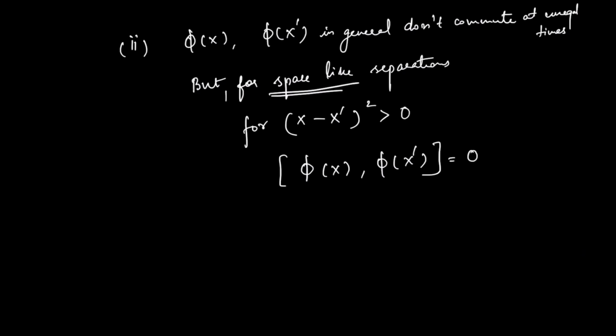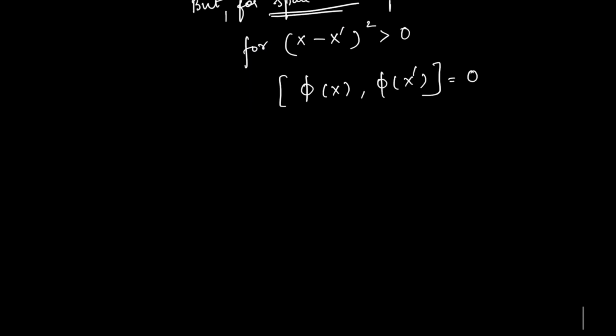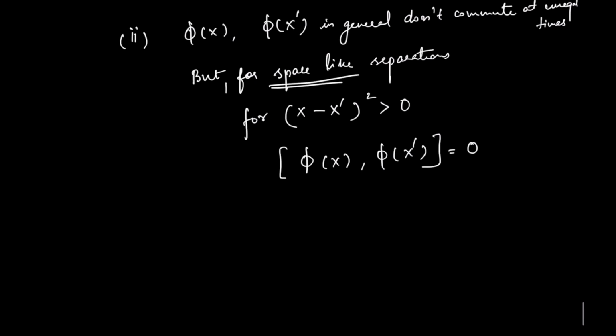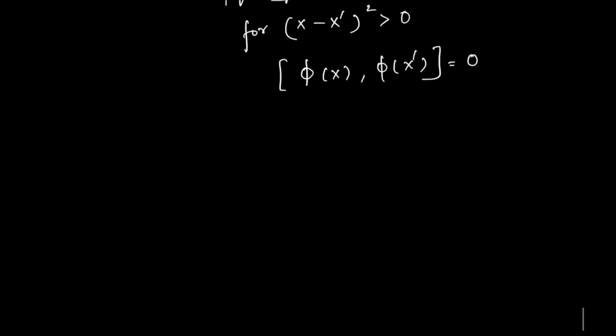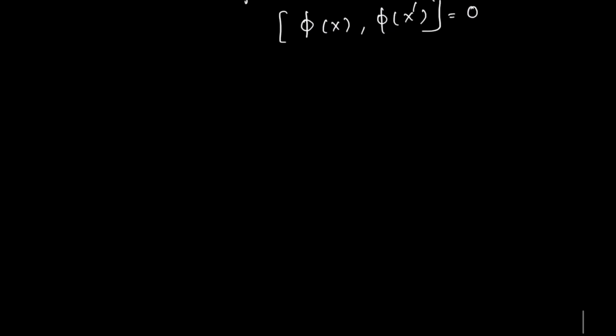So how do you derive this, or how do you explain that for a space like separation they commute? For that, let us take the deviation delta of x, x prime, and here I am not taking the expectation value.